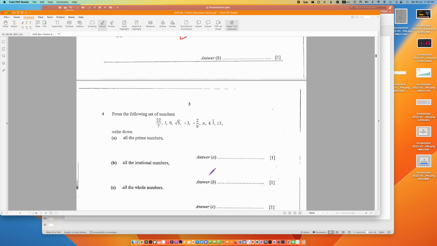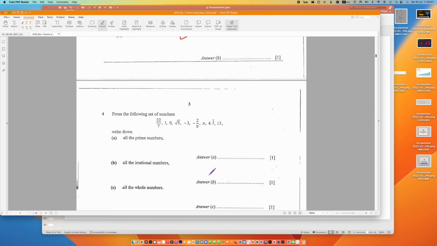So irrational number. Once again 22/7. You put it under irrational number. Can you slap yourself? 22/7 is what? How do you read the one? 22/7.